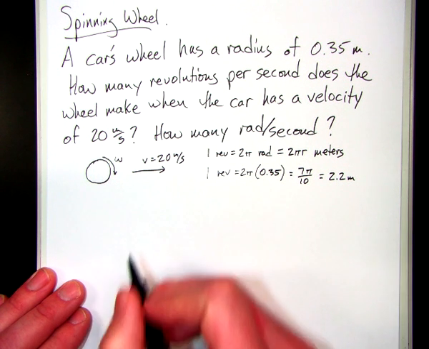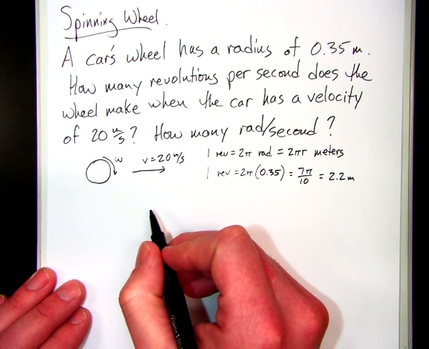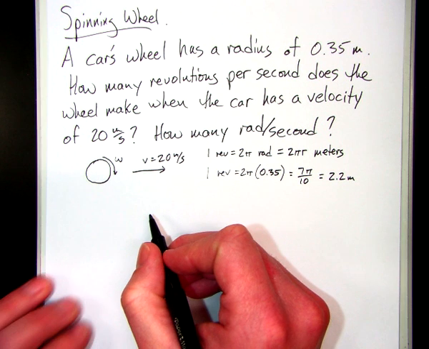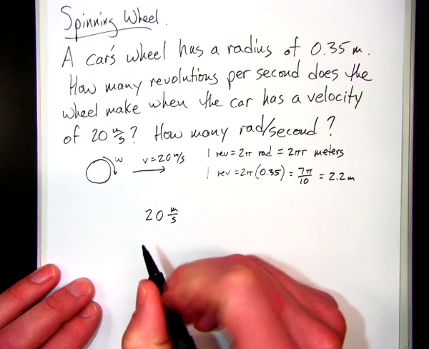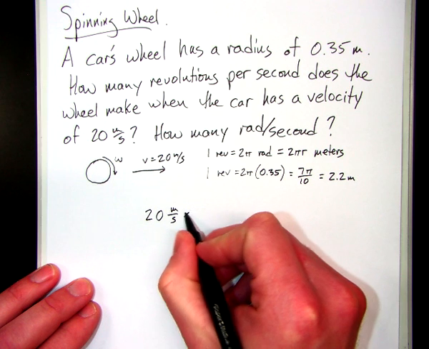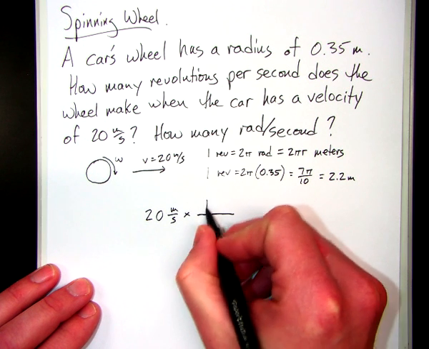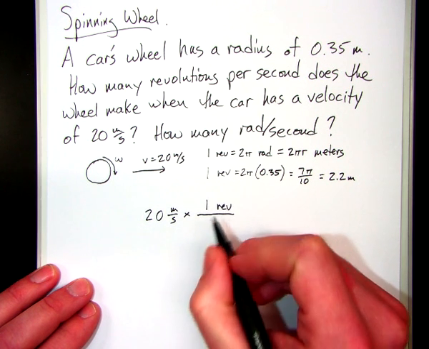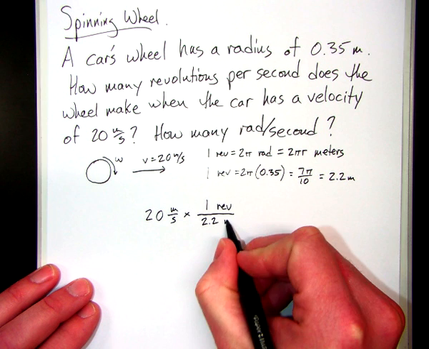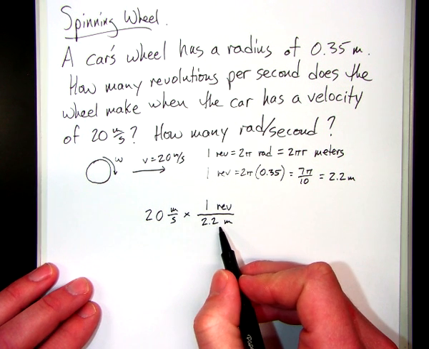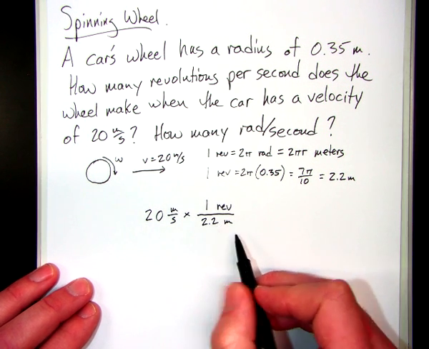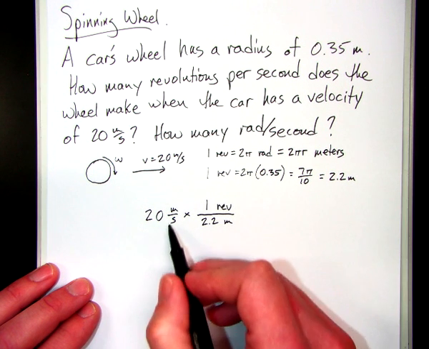Well, I can now make a little conversion here. If I have 20 meters per second, one revolution is 2.2 meters. Notice I have meters in the numerator, meters in the denominator. They'll cancel, and I'll be left with revolutions per second.